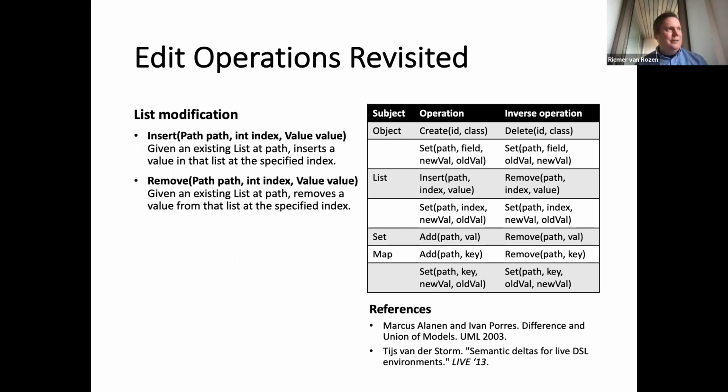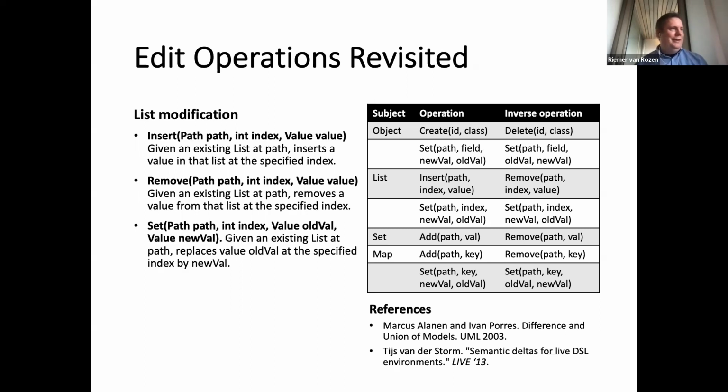The same with list modifications, that you have an insert. It operates on a list that sits there, and you say at this index, insert this value. And then you need an opposite for undoing that. And yeah, there is an instruction for that as well.